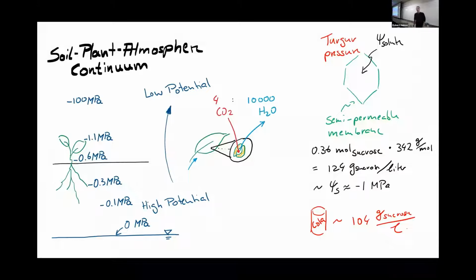Okay. So the concentration you have to get to -1 megapascals, right? That's more sugar than what is in the Coke. That's quite a remarkable amount of sugar you have to have in there. Okay. So that's part of the story.